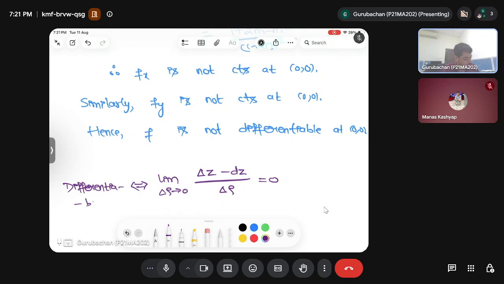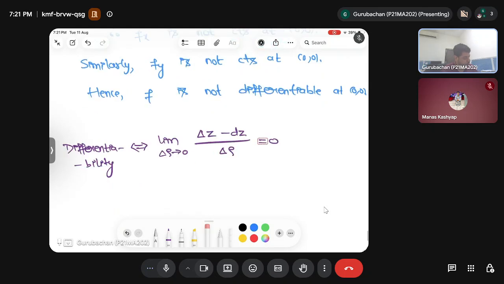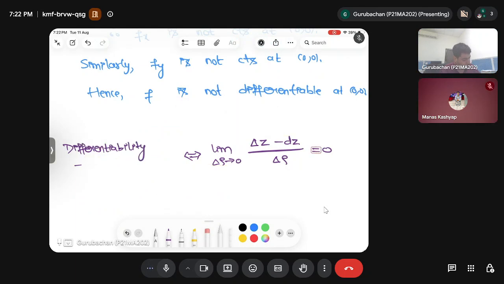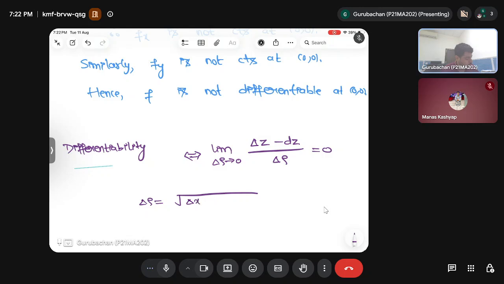So here delta rho is nothing but under root of delta x square plus delta y square.